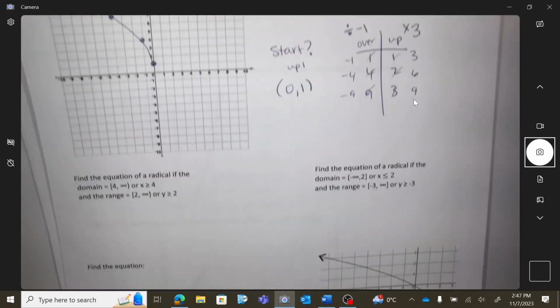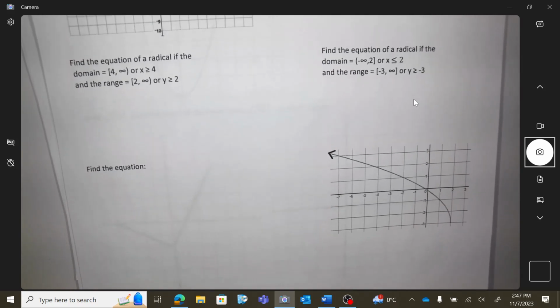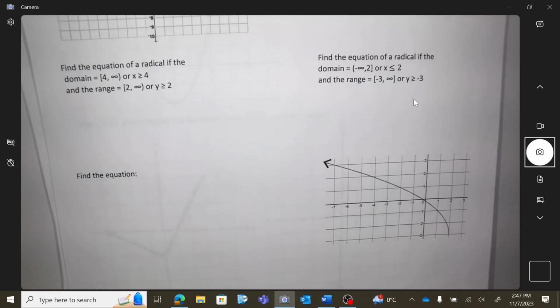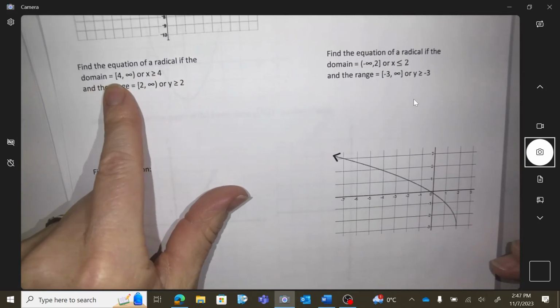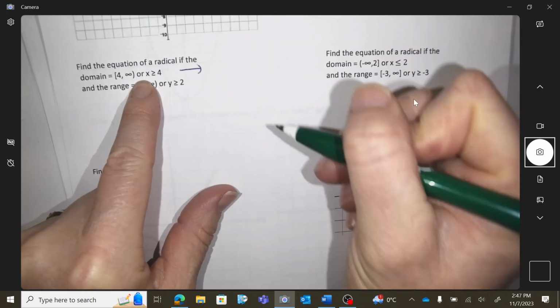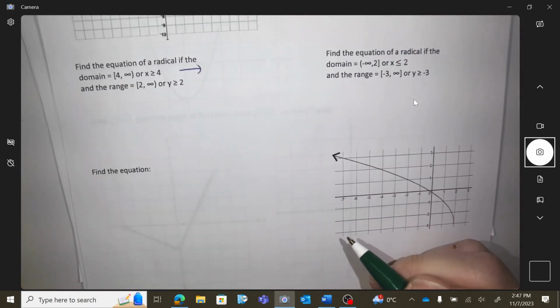Okay, let's change this around now. I'm going to give you stuff and you have to make an equation. Okay? Okay, we have the domain is from 4 to infinity. So would you agree with me that I'm heading in the right direction?